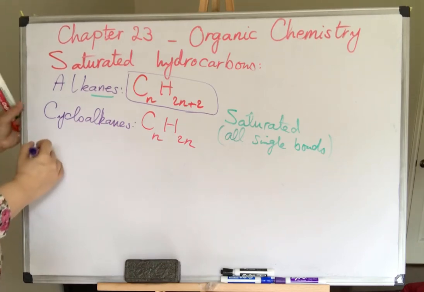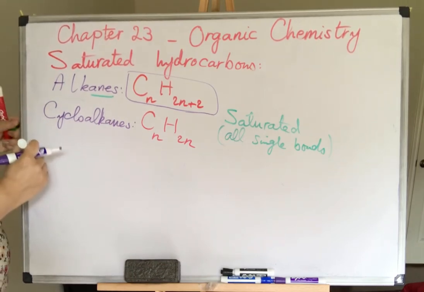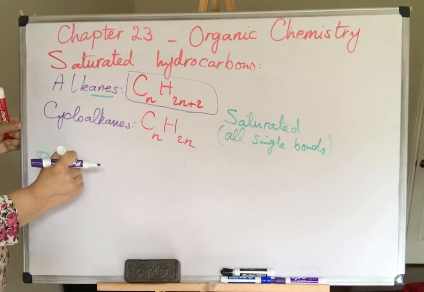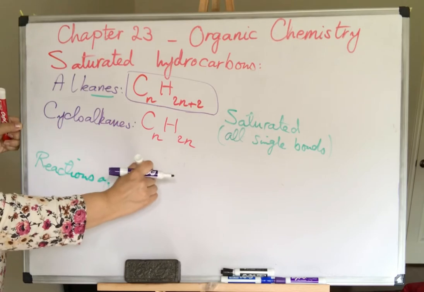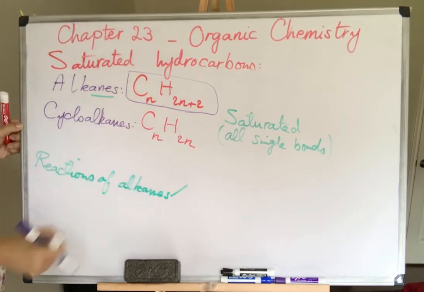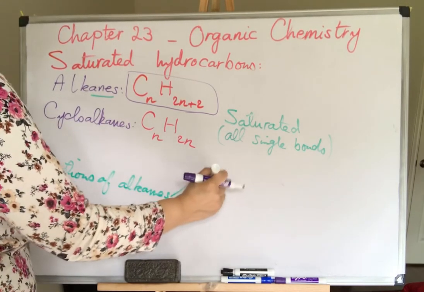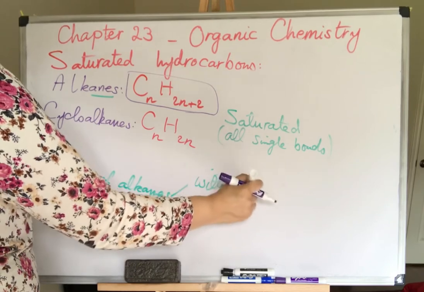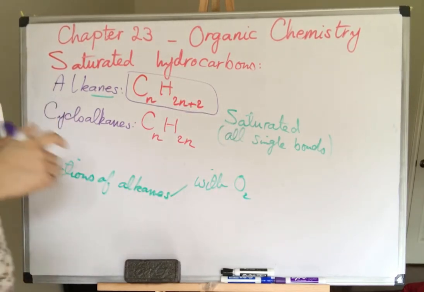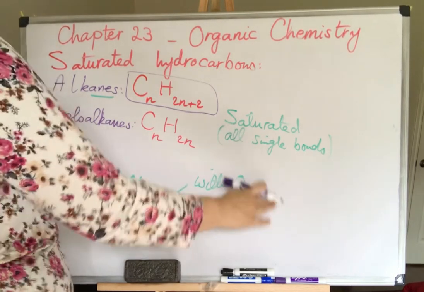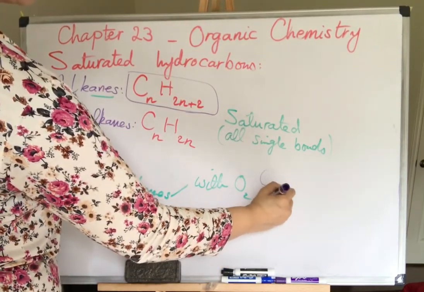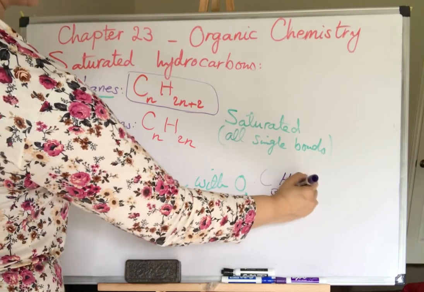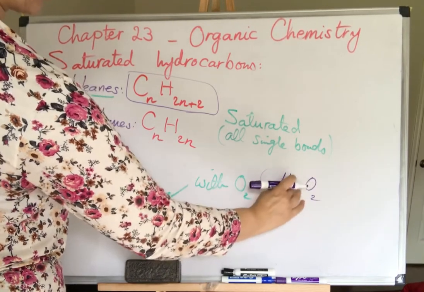The only reactions of alkanes you have are with oxygen, with O2, just like what you do in the grilling example or cooking example. When you have, for example, C3H8, you add it to oxygen, you burn it in oxygen, right?